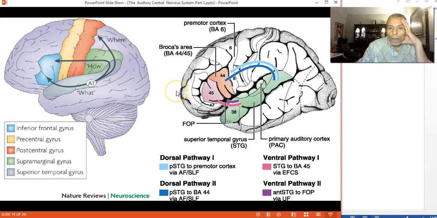So let's see, for example, at this point, someone hears a sound, or someone asks you a question. Finally, eventually, it will come over here to the area A1, the core of the primary auditory cortex. Next to this area, there's another area here in the back that is called Wernicke's area.